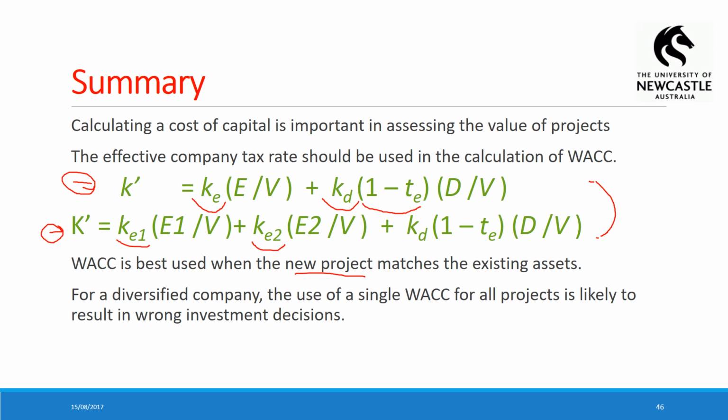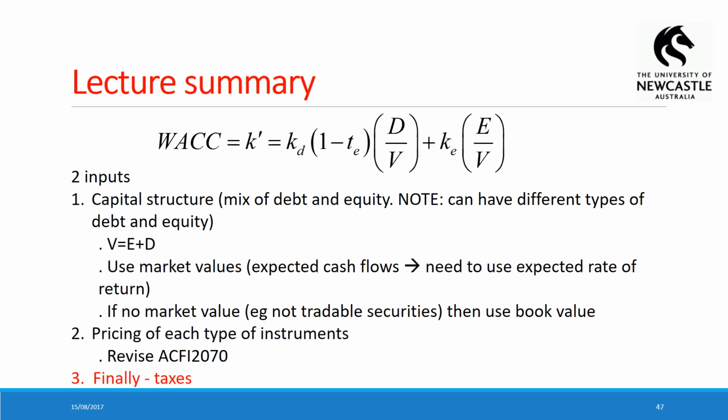The first condition being the project has the same business risk as the company, and second, the project doesn't change the company's capital structure. We look at an illustration for how, using the same overall cost of capital, we might end up with accepting the wrong projects, right, and rejecting the wrong projects as well.